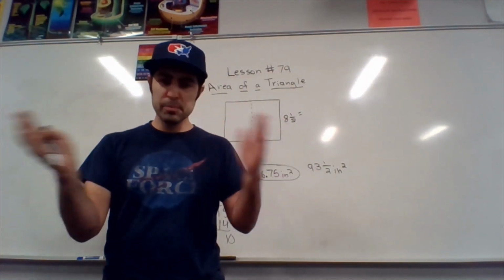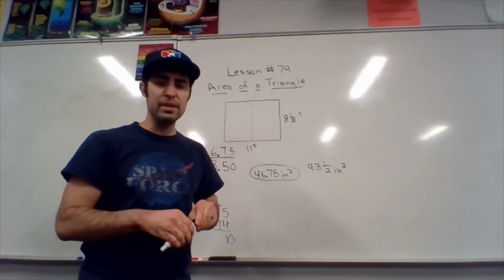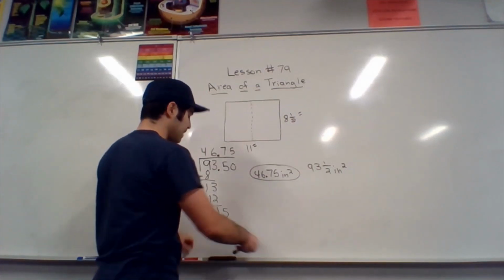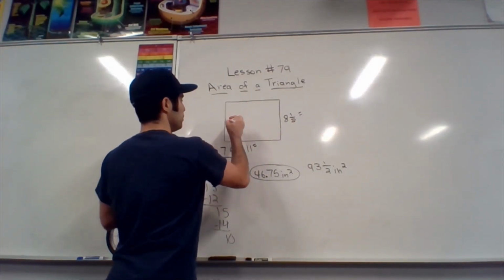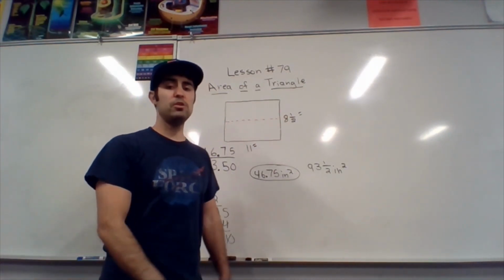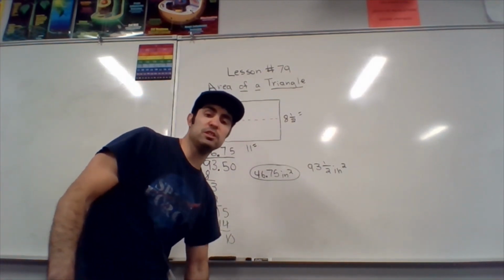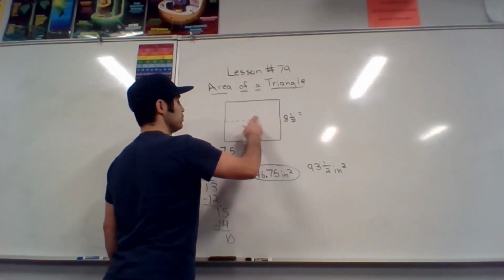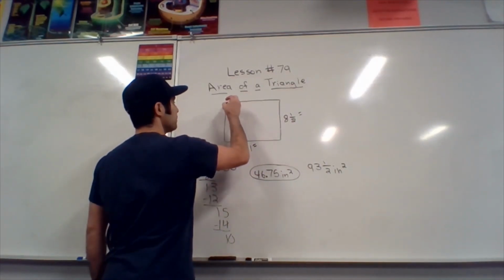Any confusion with that? Pretty straightforward. Now, but this isn't the only way to cut this paper in half. You could cut it in half a couple different ways. You could go this way, and you could find that the area would be 46.75 inches squared. Or you could do, what's another way we can cut it in half?